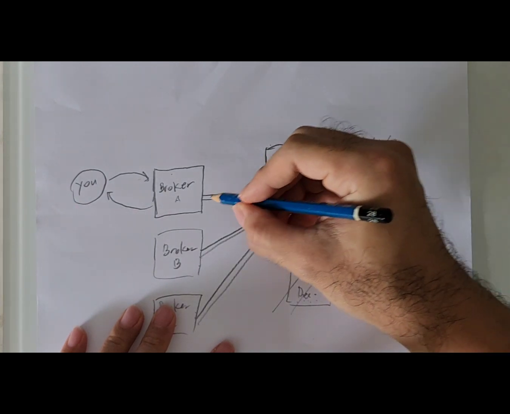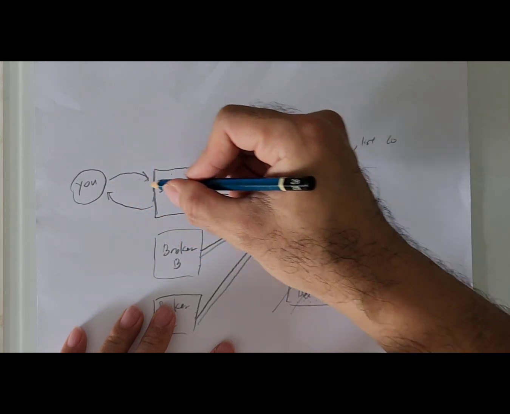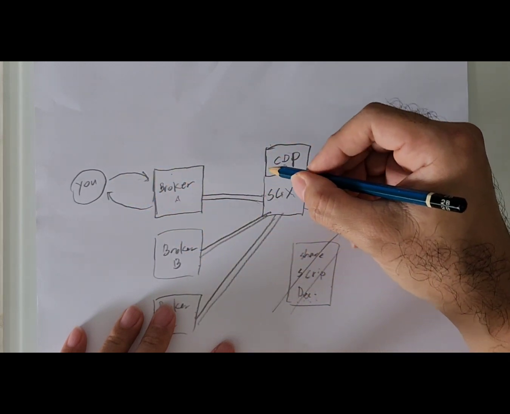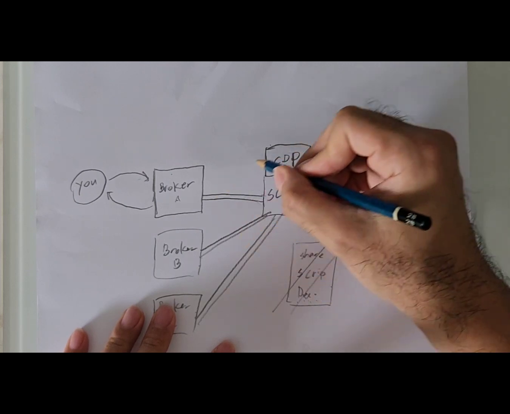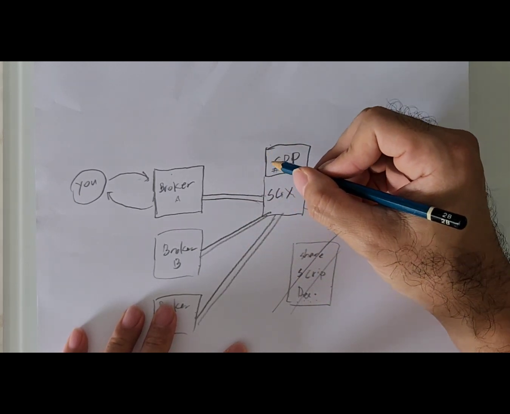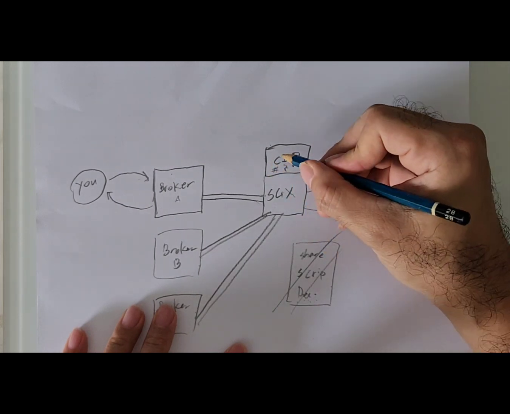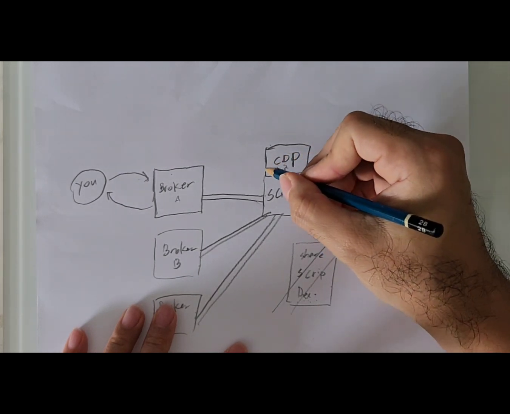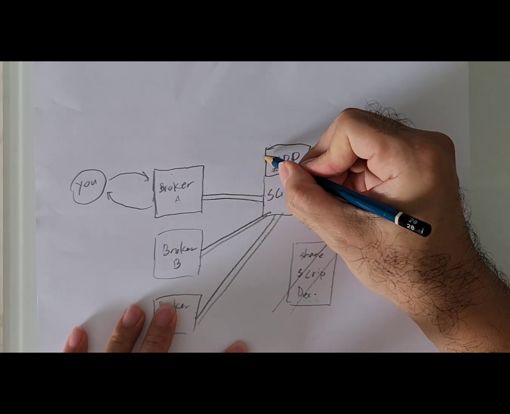So when you create an account with a broker, the broker would also apply for a place where your shares can be kept. The central depository will create an account number for you.